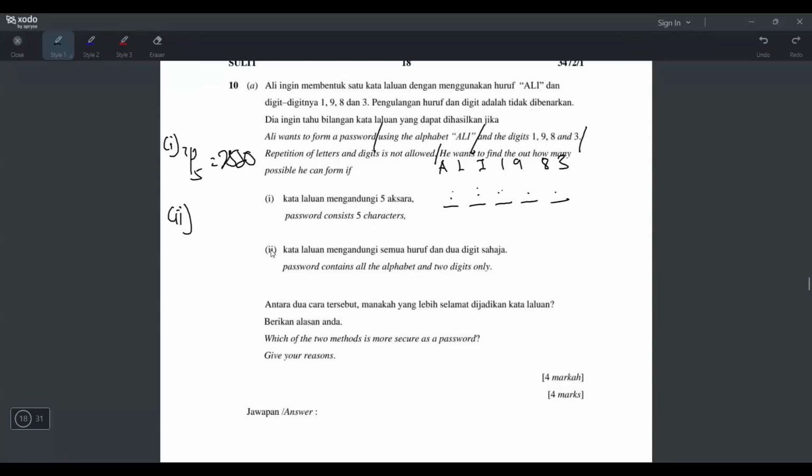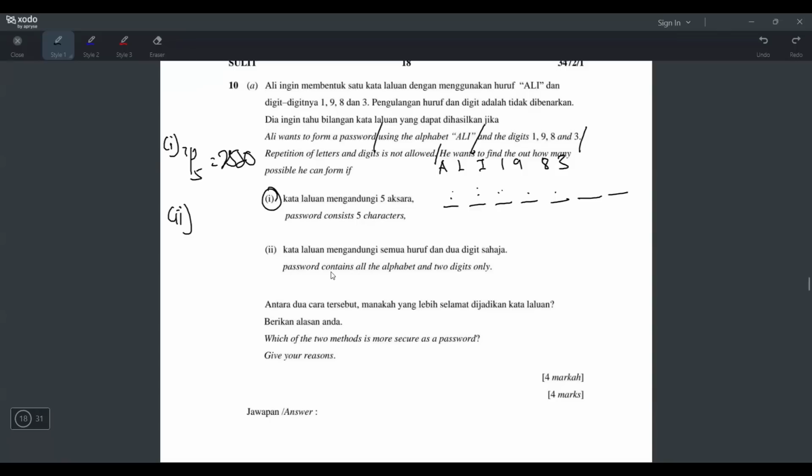Second question. Number 2, the password contains all the alphabet and 2 digits only. Wait, what's the meaning? Password contains all the alphabet. It means how many characters? It means 7 characters, right? Just now it was 5 characters, but 5 characters is only for question 1, right?